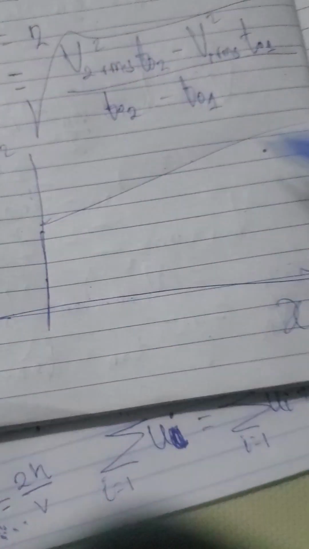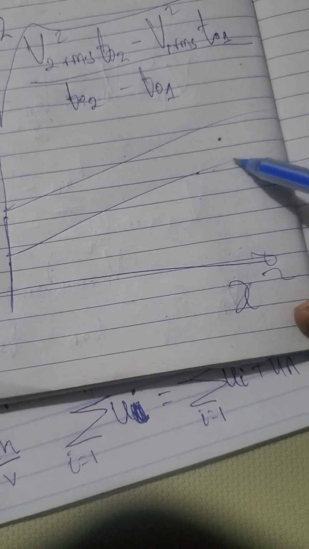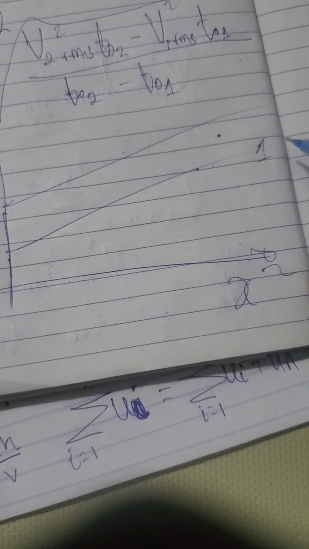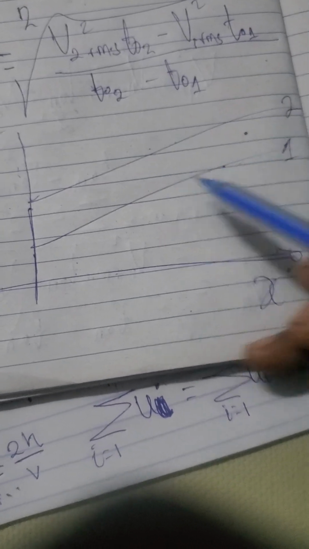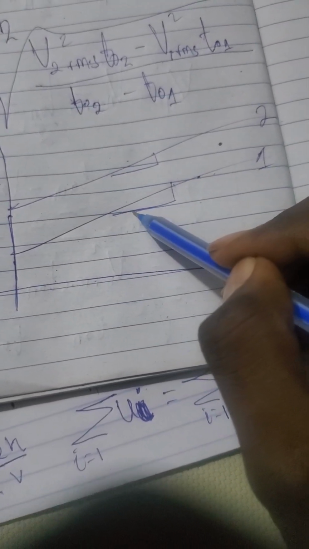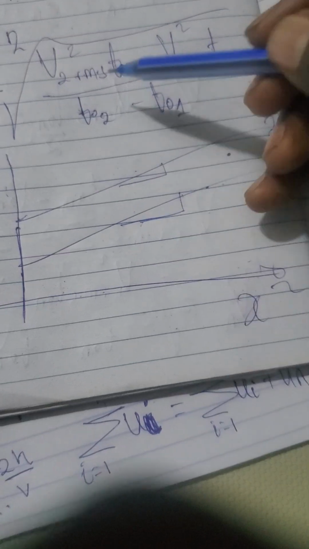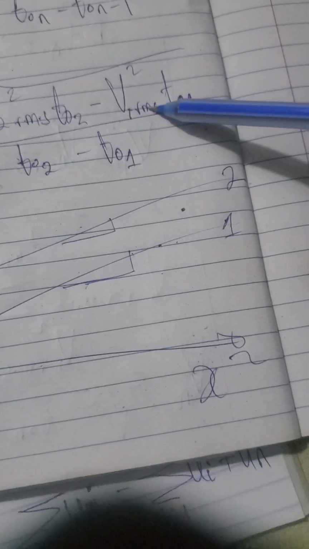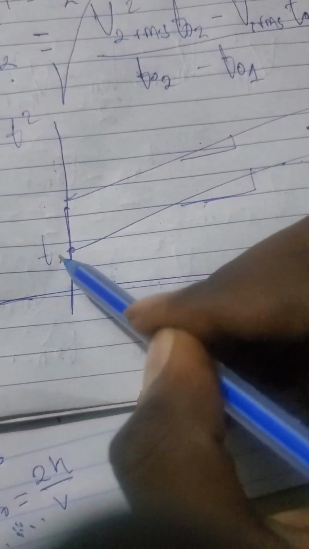You will have two graphs, maybe this is the first layer and this is the second layer. The slope of the first layer will give us the root mean squared velocity of the first layer, and the intercept will give us t naught 1.